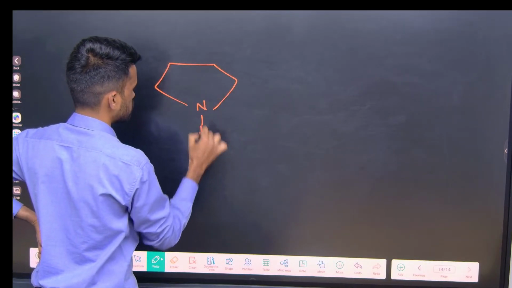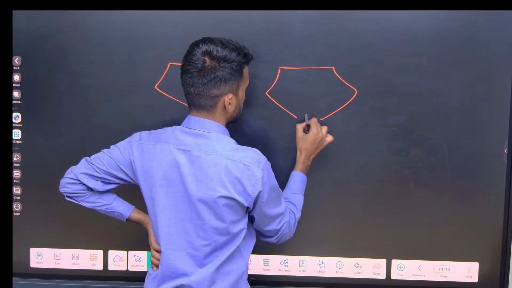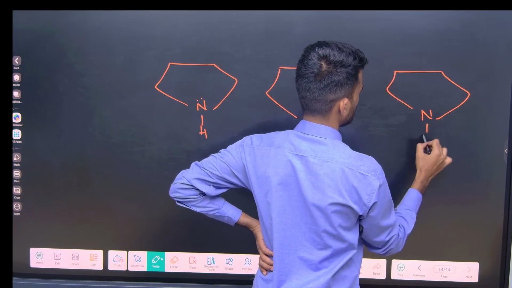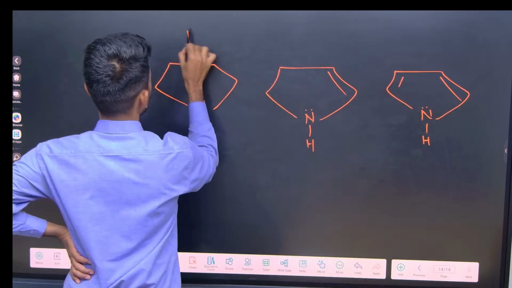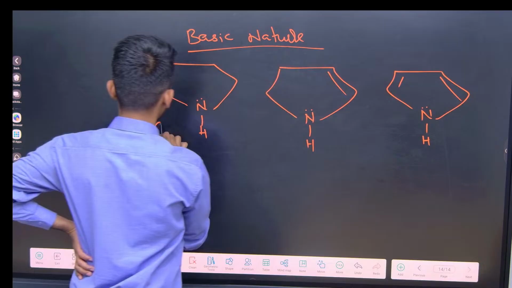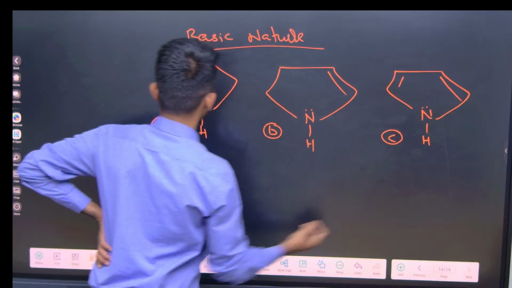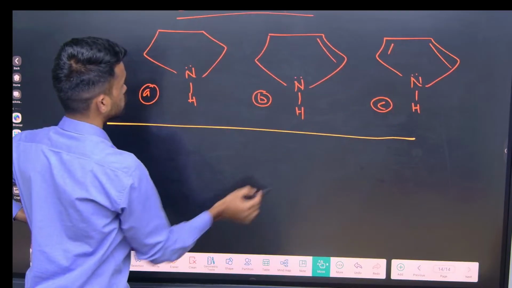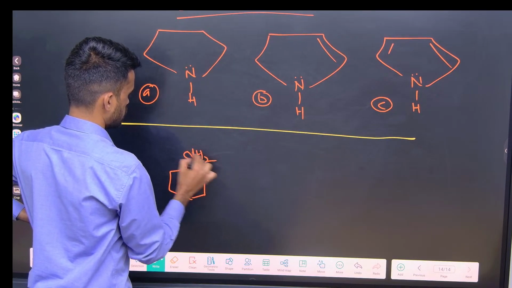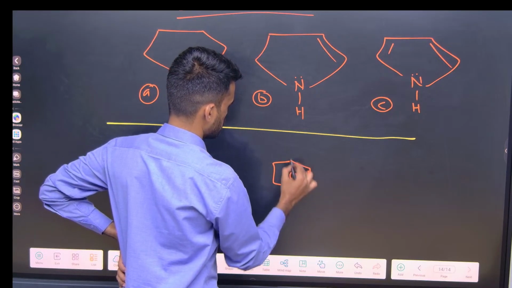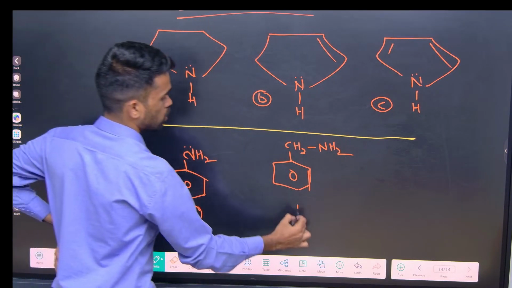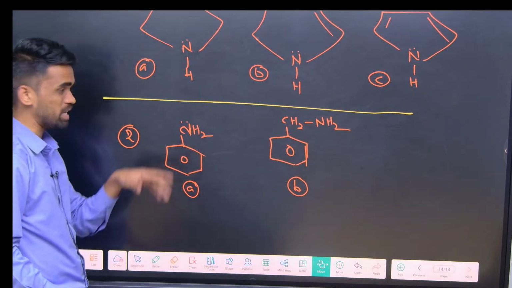The basic nature order for A, B, C is the first question. The second question is A, B. Please mention the question number and provide your answer based on your understanding.